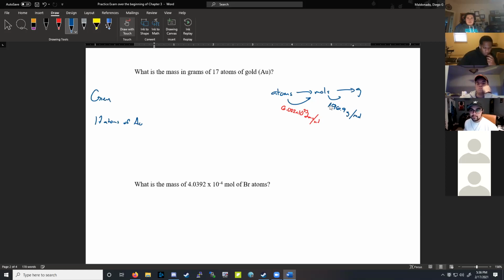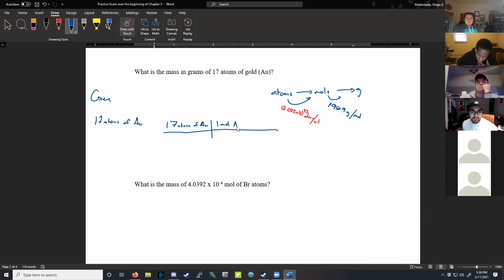So we have our conversion factors, so we can start doing our conversions. So atoms of Au. And then you guys said divide, so what goes on top? 1 mole. 1 mole of what? Of gold.